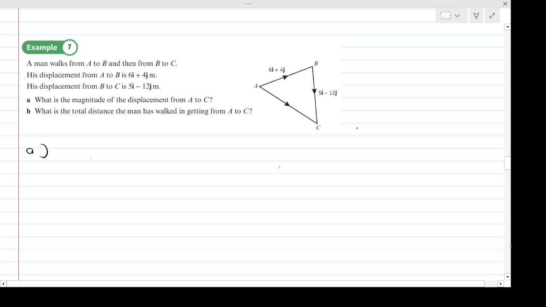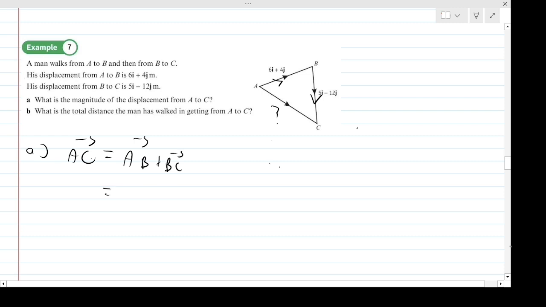Now I don't know what A to C is. I don't have anything about A to C directly, but I know if I go around the triangle from A to B and then B to C, I can also get to C that way. So then I can say from A to C, alternatively I can go from A to B and then B to C. Okay, and I know what these two vectors are, I'm given them.